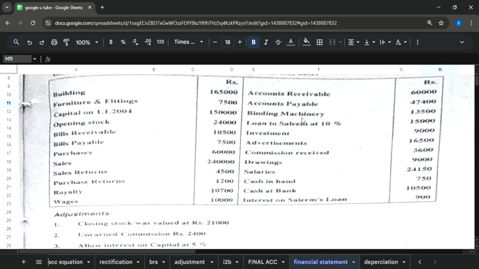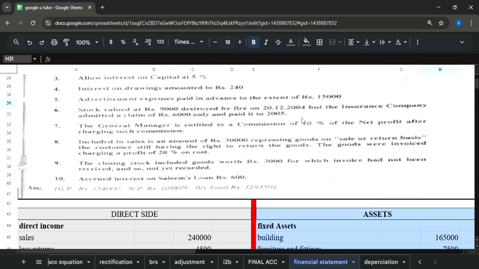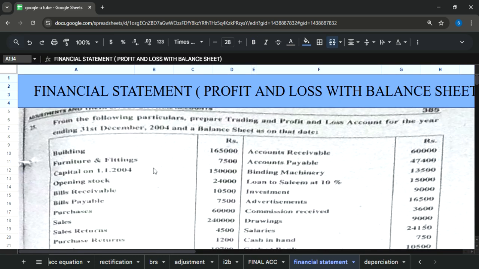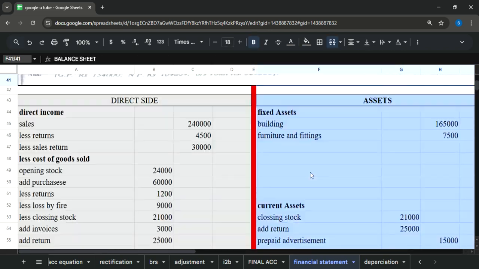After it we have binding machinery. I think anything is missing. Depreciation. Okay, we don't have depreciation of any single asset. It's all right. So next is binding machinery. This is your fixed asset.